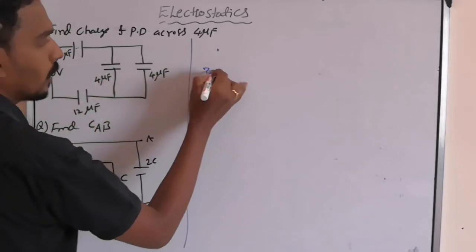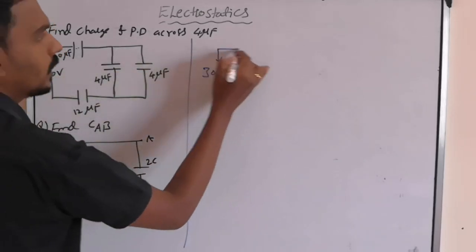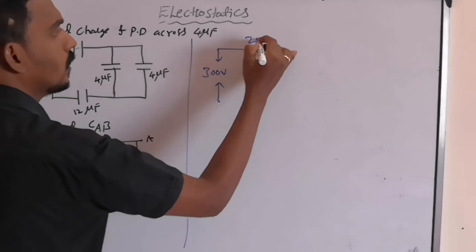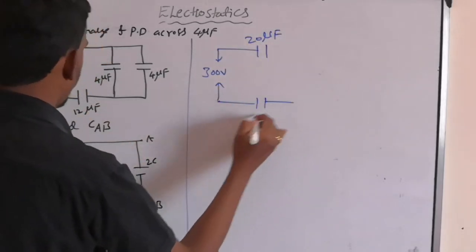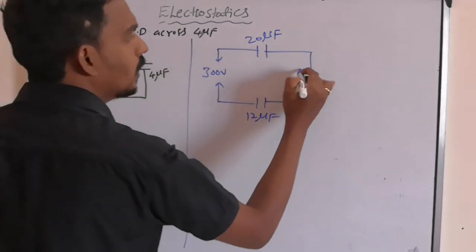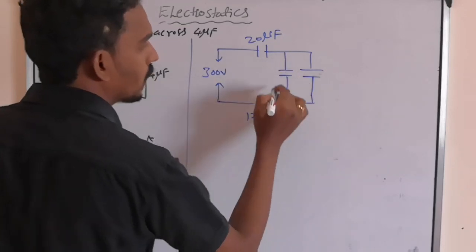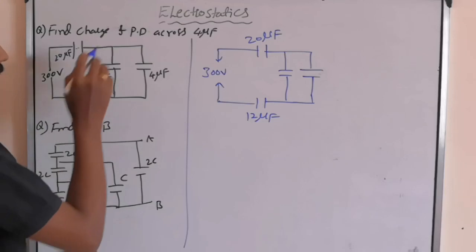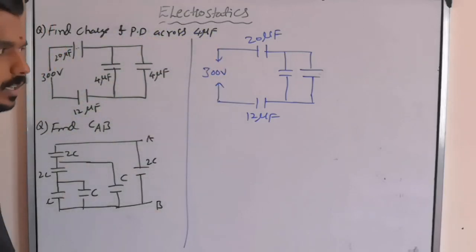Between these 2 points they applied 300 volt, and here one capacitor of 20 microfarad, one of 12 microfarad, then one 4 microfarad, and another 4 microfarad. They are asking the charge and potential difference across 4 microfarad.